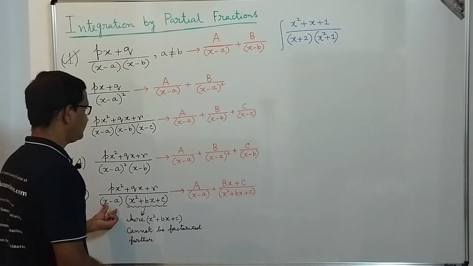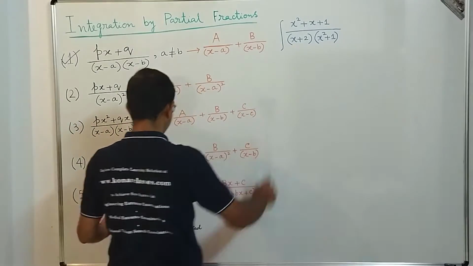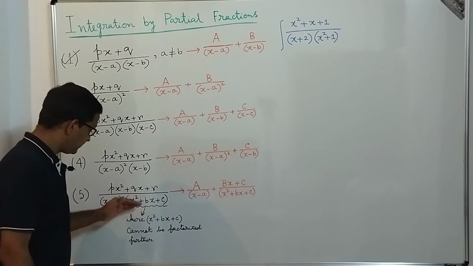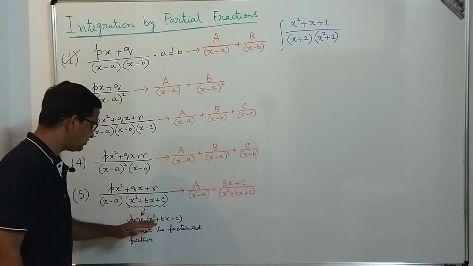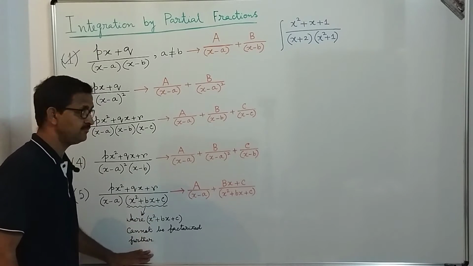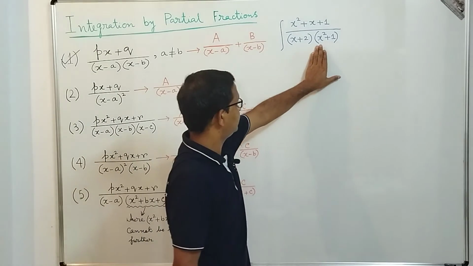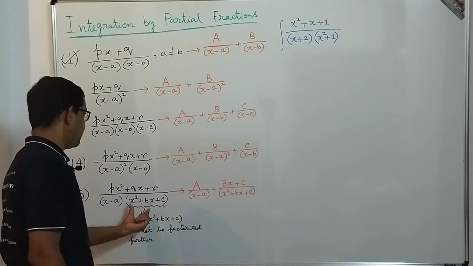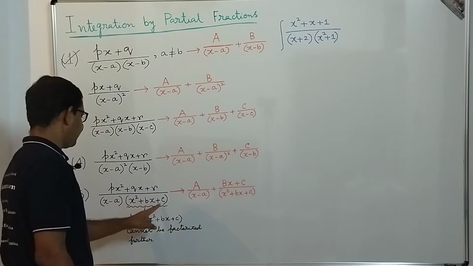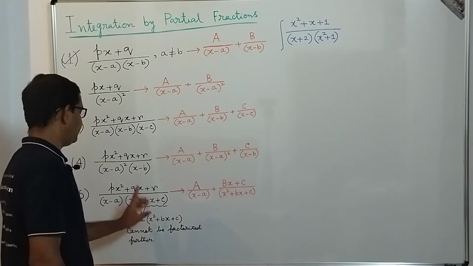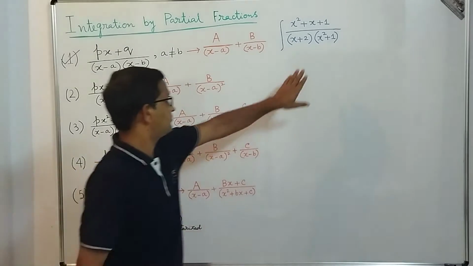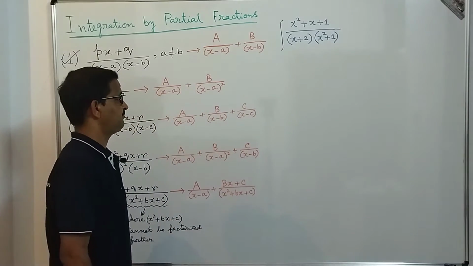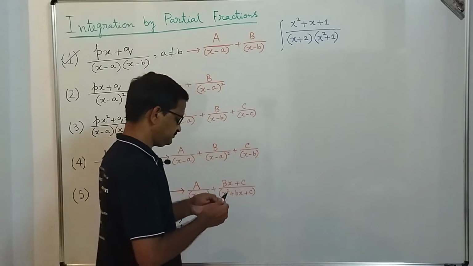So x minus a is equivalent to x plus 2, and x square plus bx plus c should not be factorized further. Here x square plus 1 is equivalent to x square plus bx plus c, in which c is equal to 1 and b is equal to 0, and x square plus 1 is not possible to factorize further.